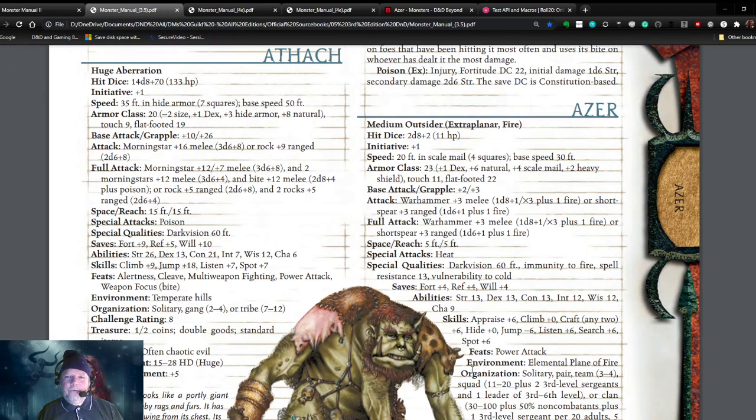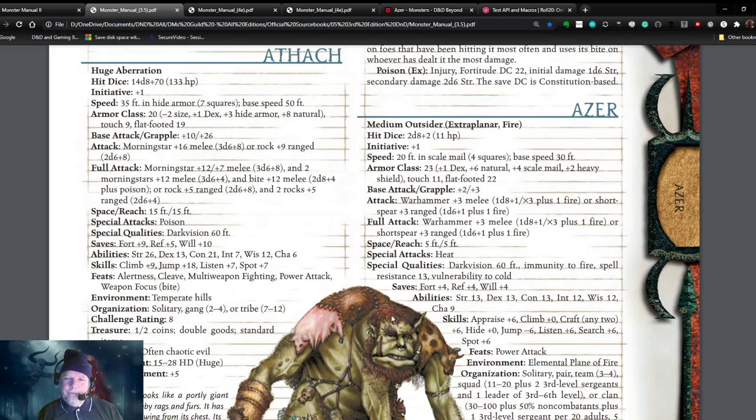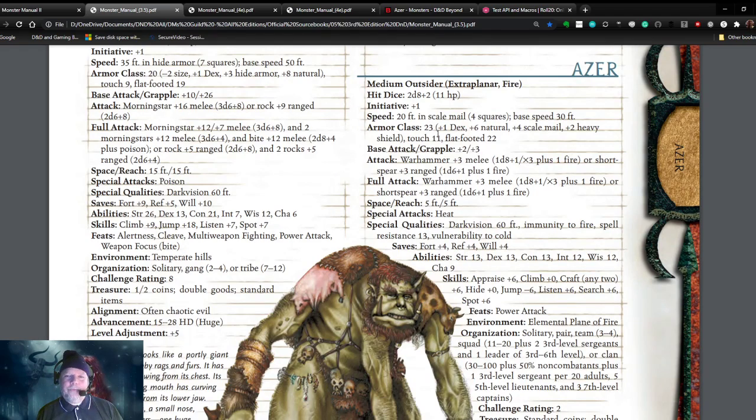Now we go to third edition, and pay no attention to this because this is a different monster here, but we're looking at the stat blocks. So their hit dice were 2d8 plus 2, so 11 hit points. Armor class 23.